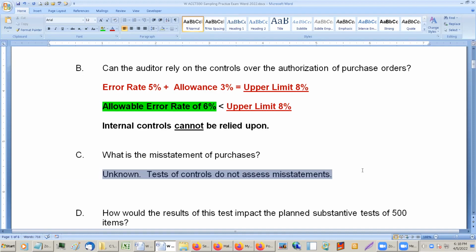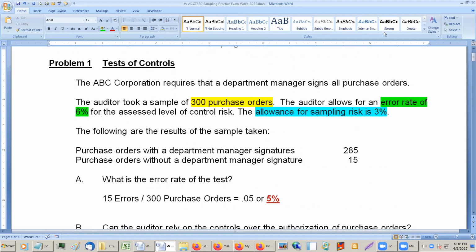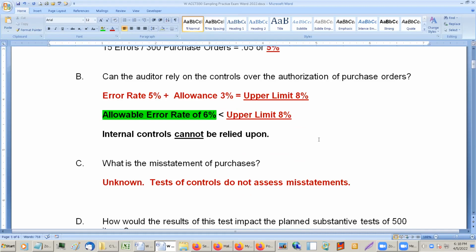Testing controls is not a set of misstatements. It's possible that these aren't misstated at all. And that's another quirky thing about internal control. So what is the misstatement of the purchases? It's unknown. They might be fine.